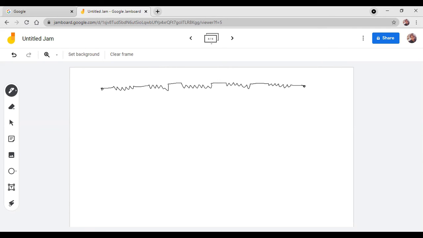So these were the known temperatures: T infinity 1, T infinity 2. And this was our thermal resistance due to convection at surface 2, this will be R, and surface 3, and these will be intermediate temperatures T1, T2, T3, T4.